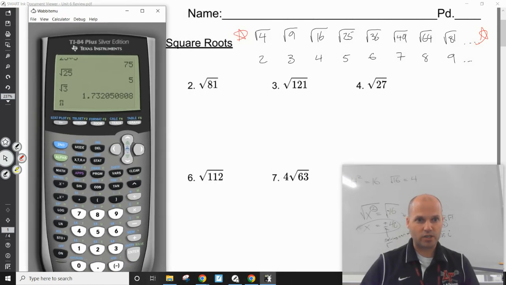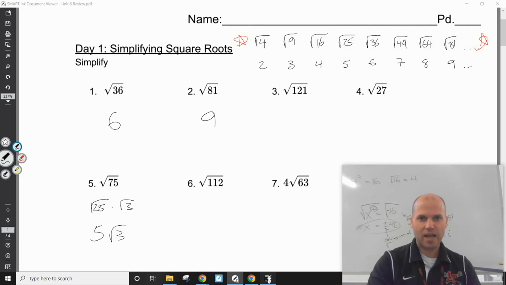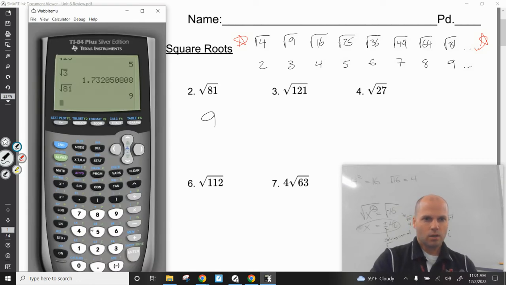There are going to be some questions where simplification's easy because the square root of the number is just a whole number. The square root of 81 is 9. But then there's going to be some questions, we're going to go to number 6, where it's not so easy. I try to take the square root of 112, and I can't.